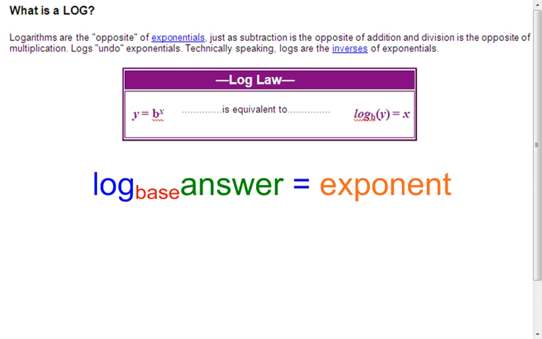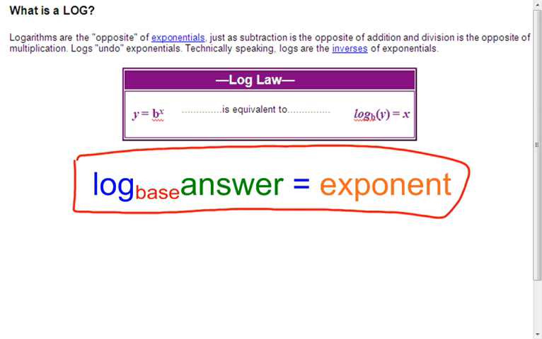All right, so again, logarithms are the opposites of exponentials, just as subtraction is the opposite of addition, and division is the opposite of multiplication. Logs undo exponentials. It's kind of like squaring something and then taking the square root. They undo each other, okay? You're going to use this basic formula right here. Log, base, answer, exponent.